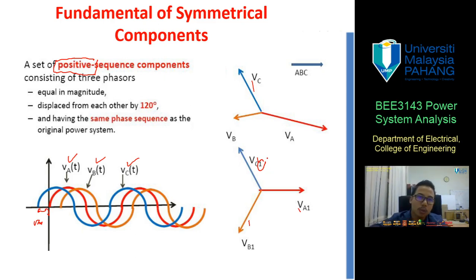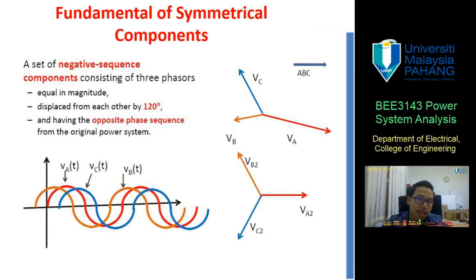Next is the set of negative sequence components, consisting of three phases equal in magnitude, displaced from each other by 120 degrees, but having the opposite phase sequence from the original power system. What is different?